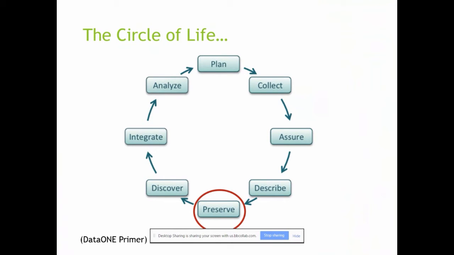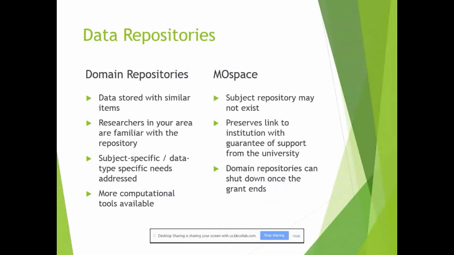So we've described the data, now we get to preserve the data, which also leads to discovery, because if you don't preserve it, nobody's going to be able to get to it later. We've talked a little bit about how there are different kinds of data repositories. There are domain repositories, so if you think about all of the NCBI databases that are available from the federal government, GenBank, and so forth, the data is all stored with similar items.